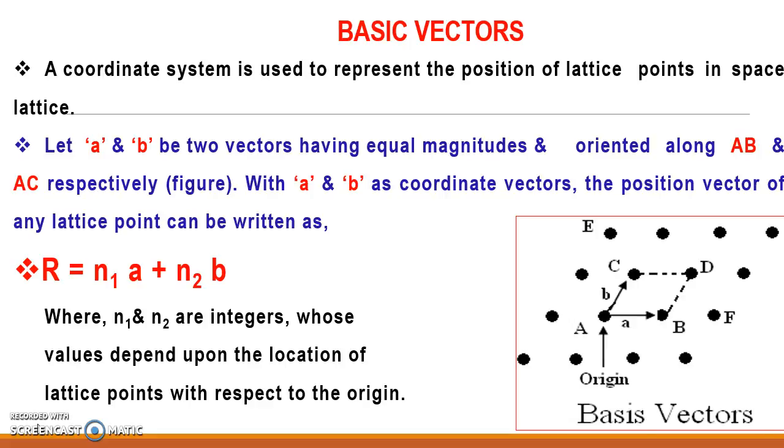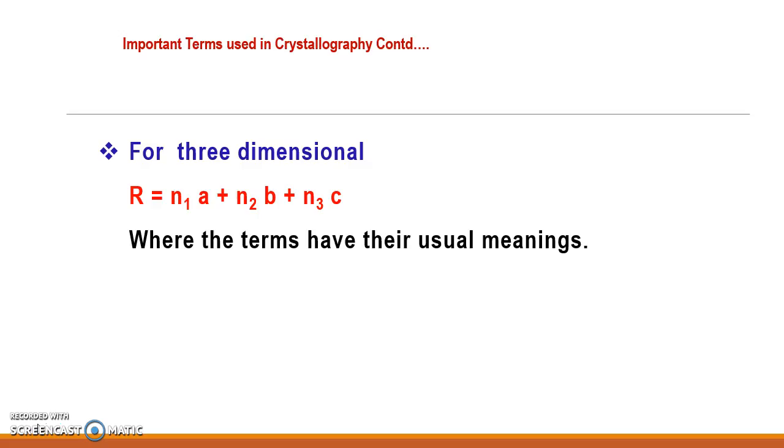With A and B as coordinate vectors, the position vector of any lattice point can be written as R equal to N1A plus N2B, where N1 and N2 are integers whose values depend upon the location of the lattice points with respect to the origin. Now we can represent in 3 dimensions as R equal to N1A plus N2B plus N3C, where the terms are the residual units.